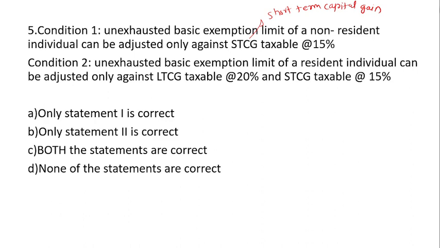Condition number 2: the unexhausted basic exemption limit of a resident individual can be adjusted only against LTCG, long term capital gain, taxable at the rate of 20%, and STCG is taxable at the rate of 15%.